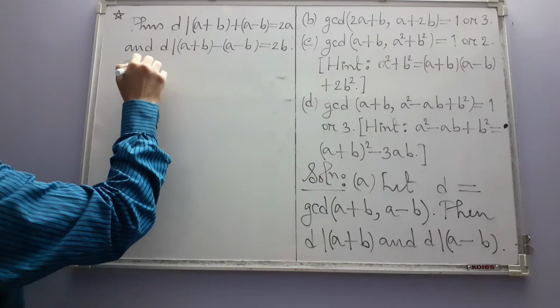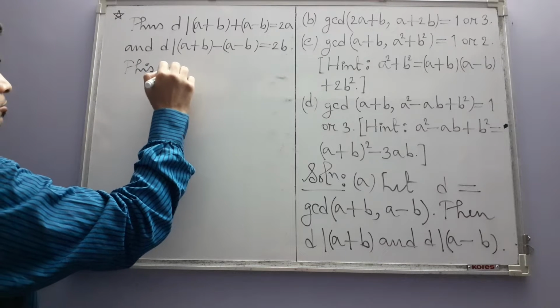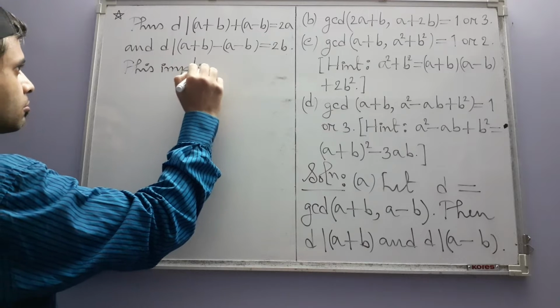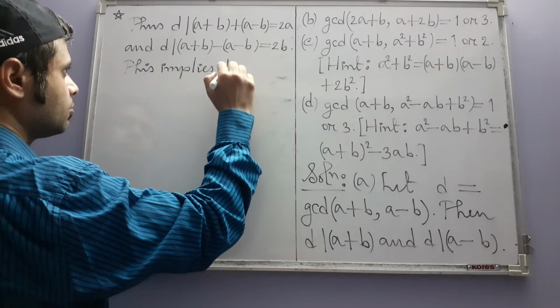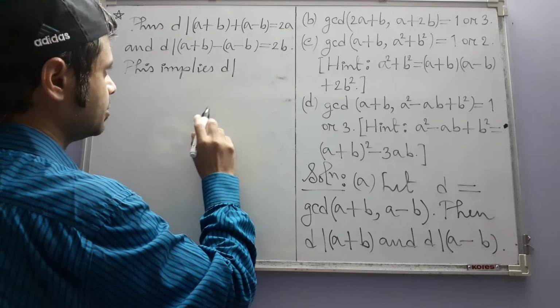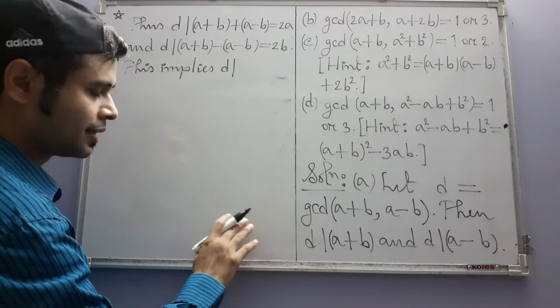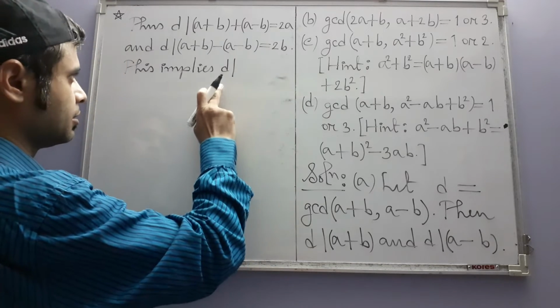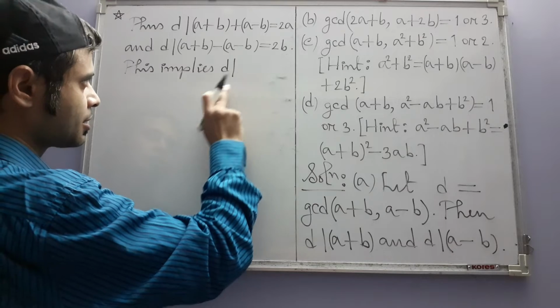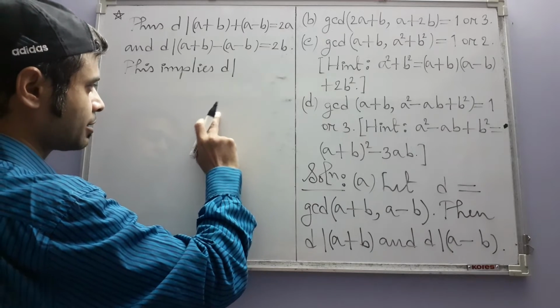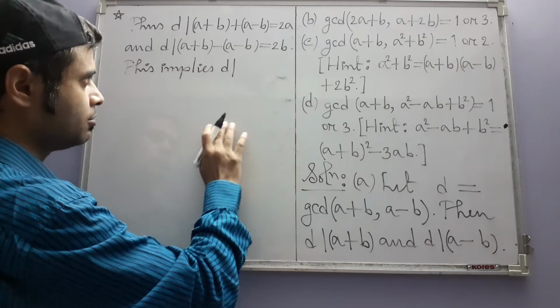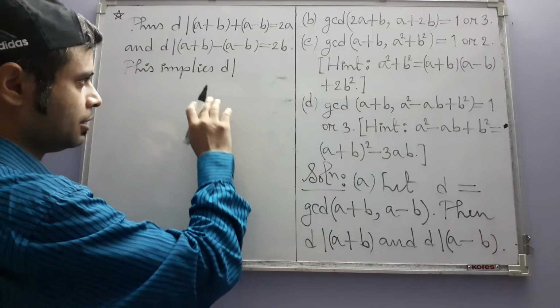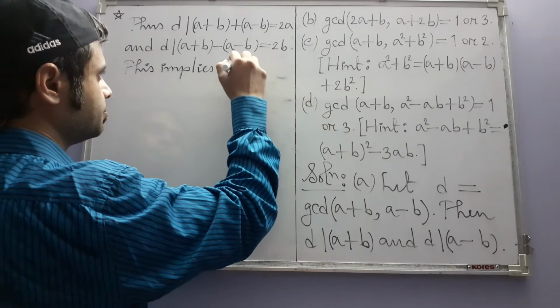This implies D divides... I know something else is given there in the hint. The hint actually asks us to use the fact that D is less than or equal to the GCD of 2a and 2b, but let's just use this one.